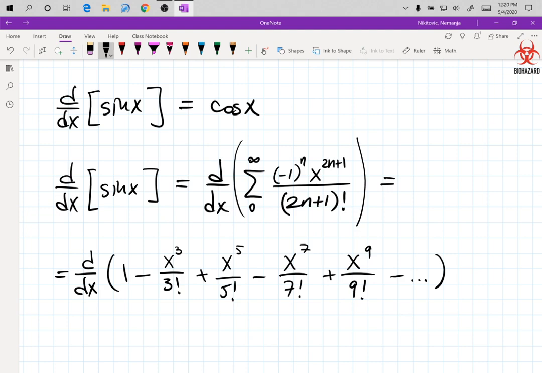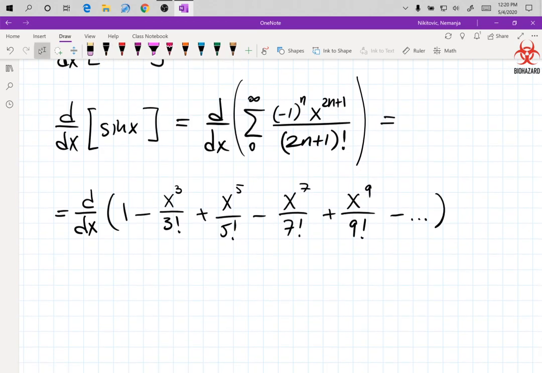And if you want 70 terms, just go. Write 70 terms. Make sure you only use odd numbers. Now, you have a polynomial. Start taking the derivative. What is the derivative of 1? Is 0. Fine. What is the derivative of this piece?